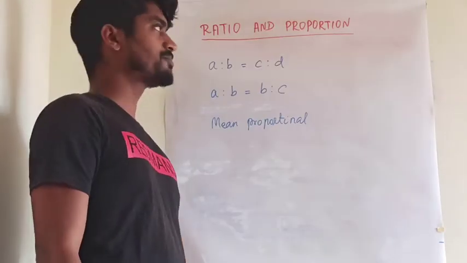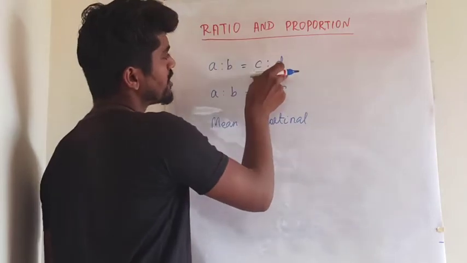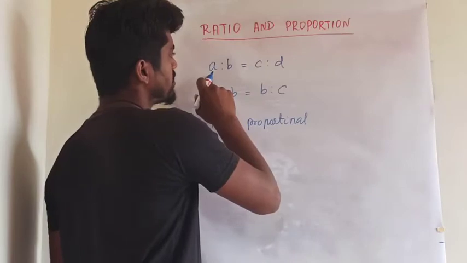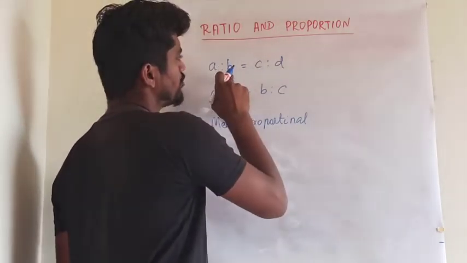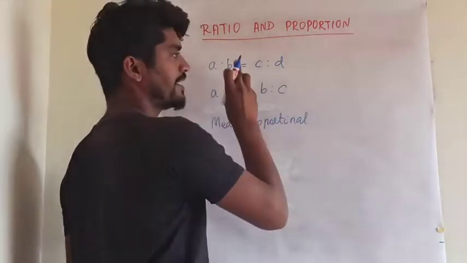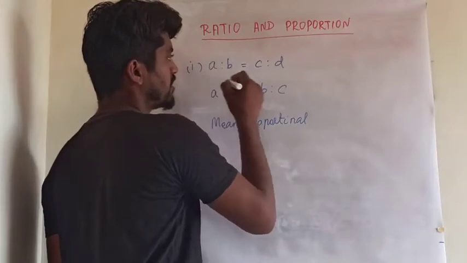In ratio and proportion, in this format, two equal ratios are given. Here four variables are there: A is to B equals C is to D. Here A, B, C and D, the four terms, are given.